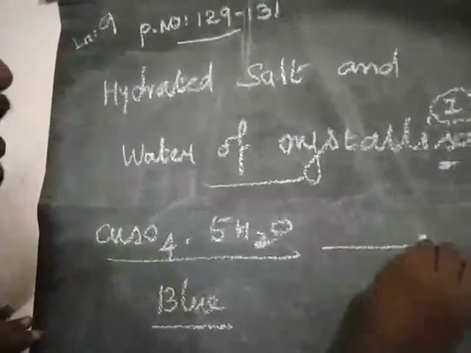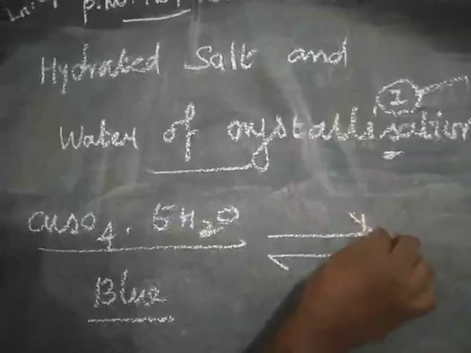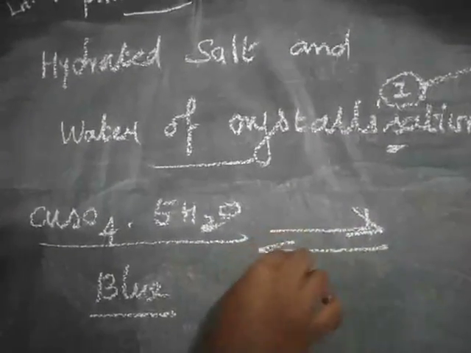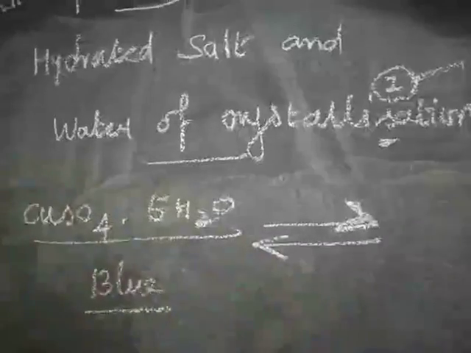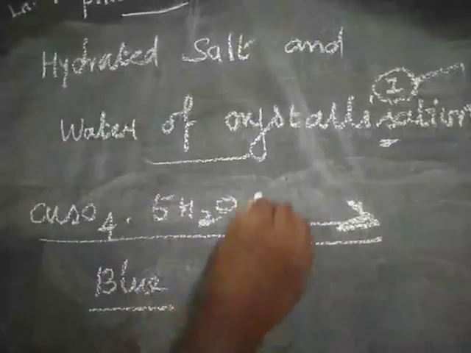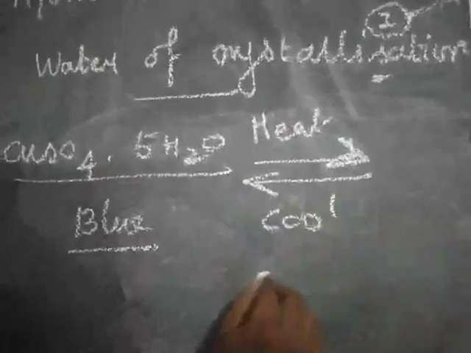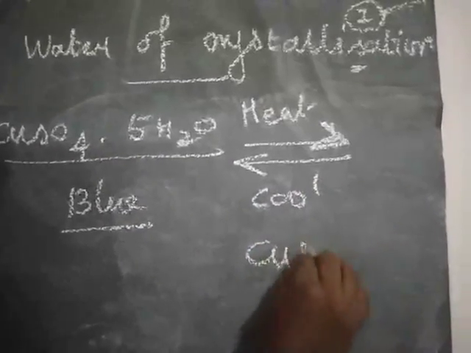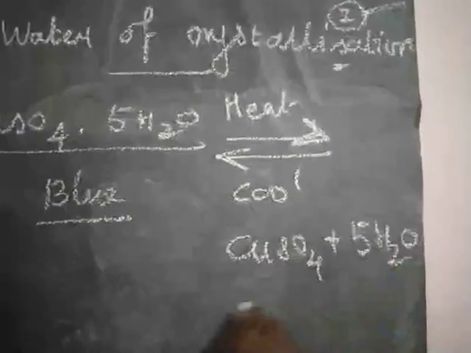So we apply heat. In this way, an arrow mark is also given, showing the reaction goes to completion with heat, and with cooling the reverse happens. Copper sulfate plus 5 water molecules.